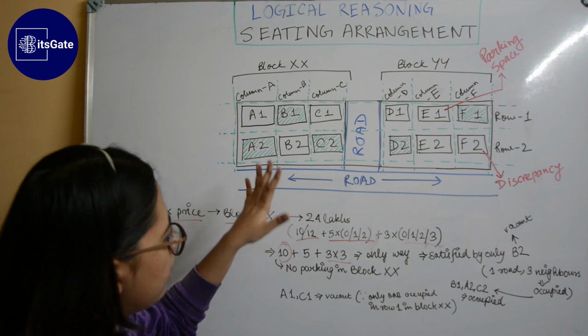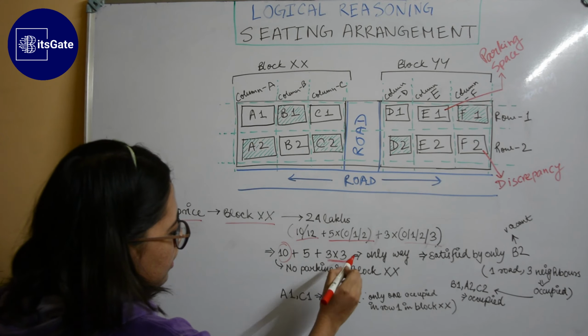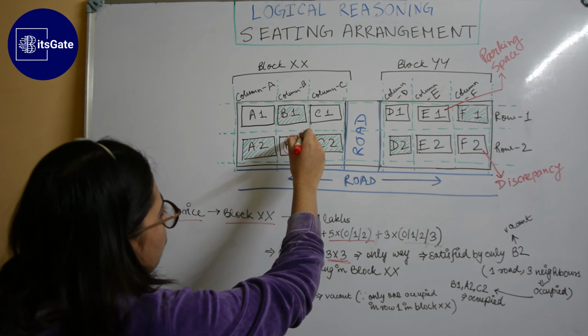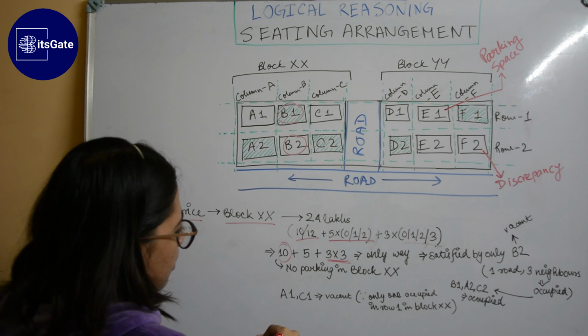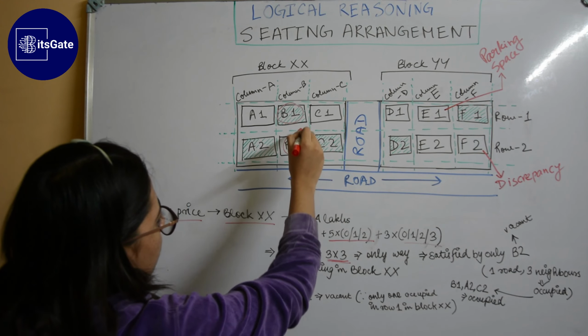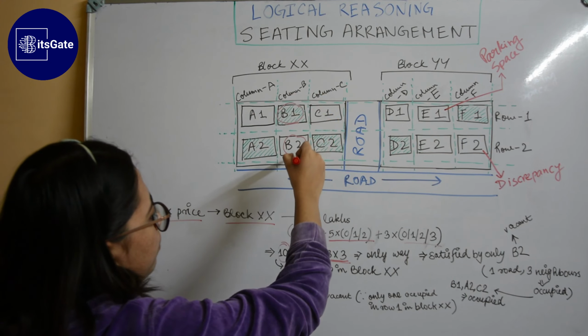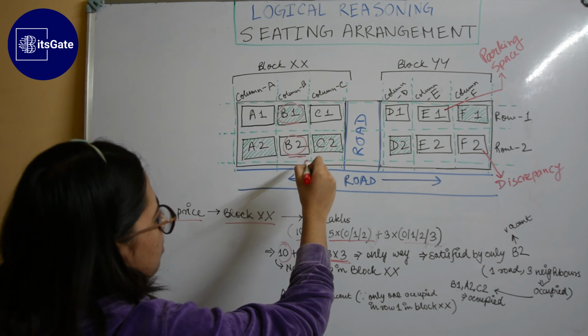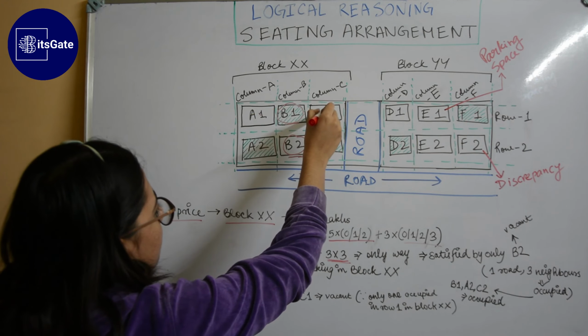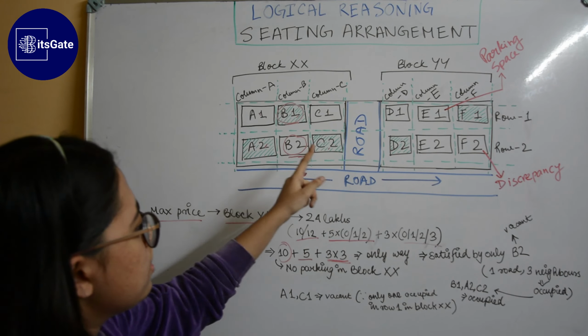If we observe carefully, we will see that the neighbor count 3 is only of house B2 or B1, and road adjacency value 1 is only for B2 because B1 has no road beside it. But for B2, there is one road adjacent to it and 3 neighbors, A2, B1 and C2.